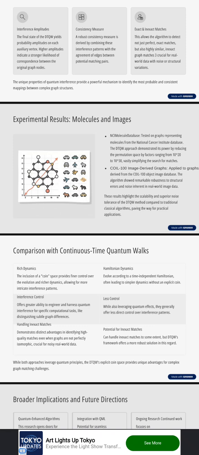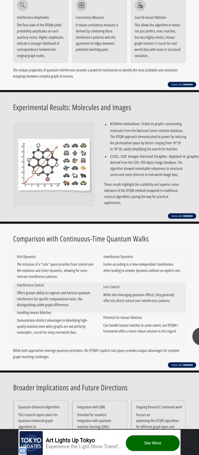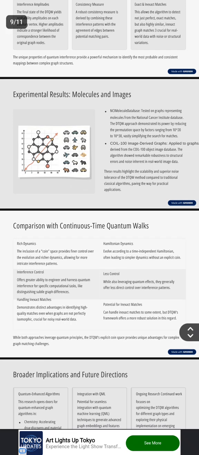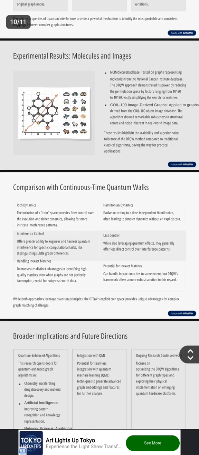The algorithm showed remarkable robustness to structural errors and noise inherent in real world image data. These results highlight the scalability and superior noise tolerance of the DTQW method compared to traditional classical algorithms, paving the way for practical applications.